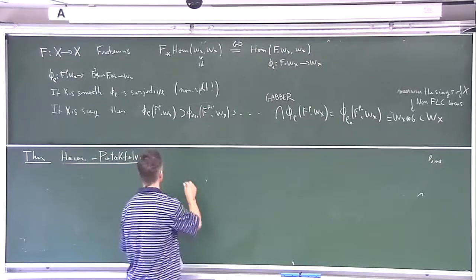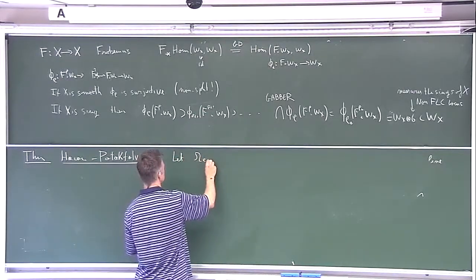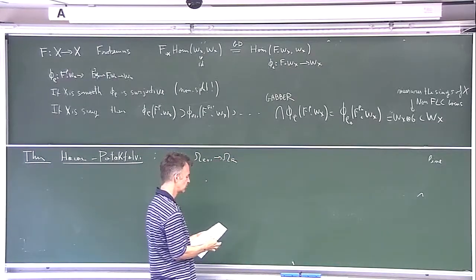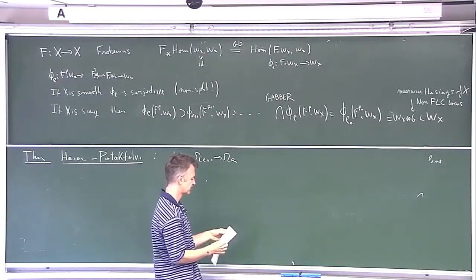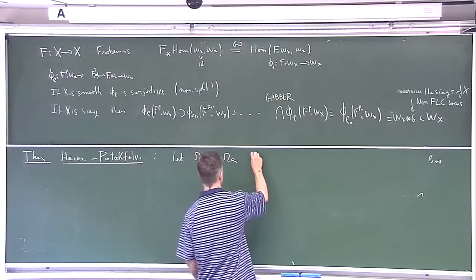So let's suppose that Ω_{e+1} → Ω_e, we could work in general with an inverse system with certain properties. Okay, let's do that.